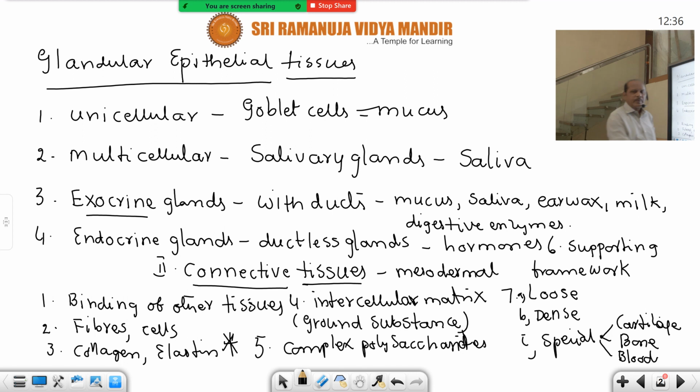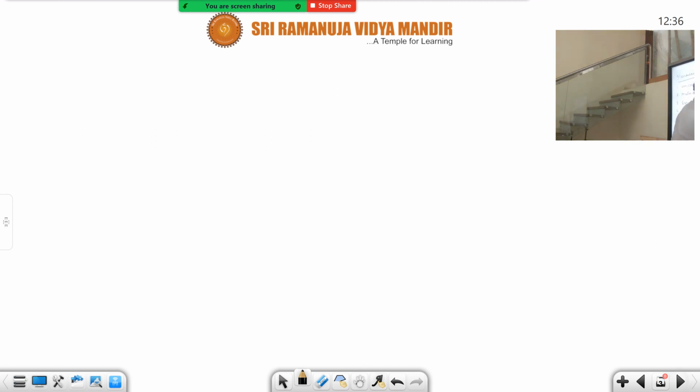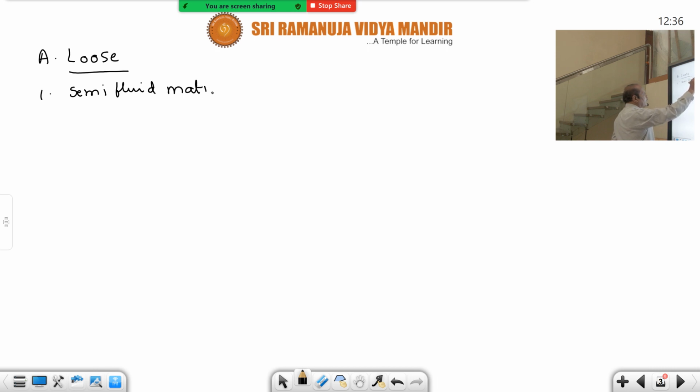So now let us take first of all the loose connective tissue. Loose connective tissue contains semi-fluid matrix, not solid matrix.